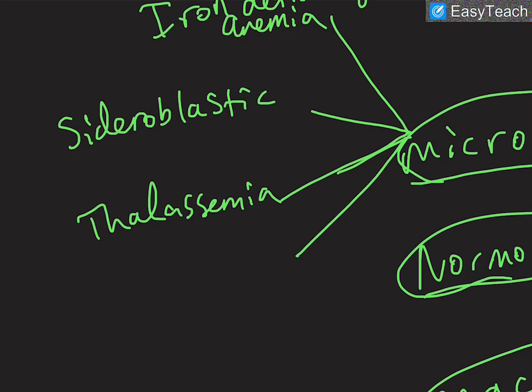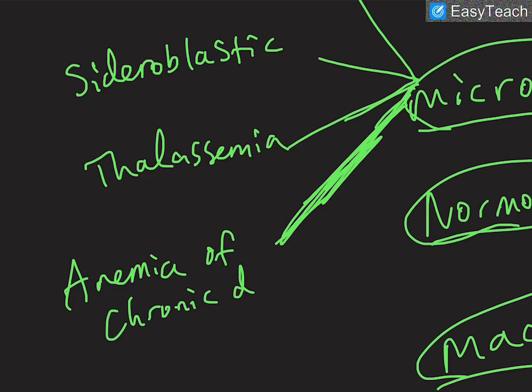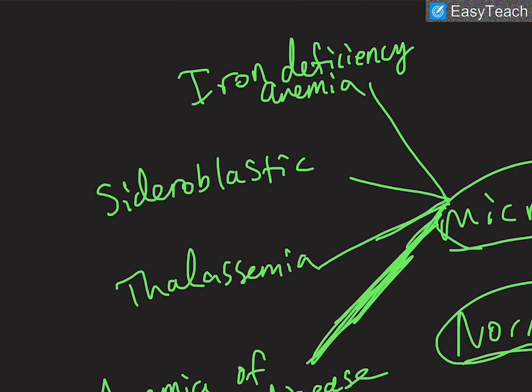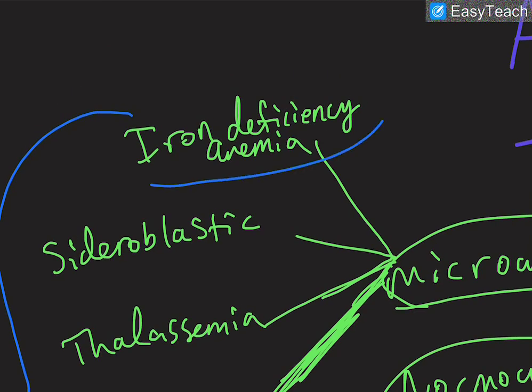And the last type that we should be familiar with is called anemia of chronic disease. So these four types of microcytic anemias are the ones we should be familiar with, but in this video, we're going to be talking about iron deficiency anemia.